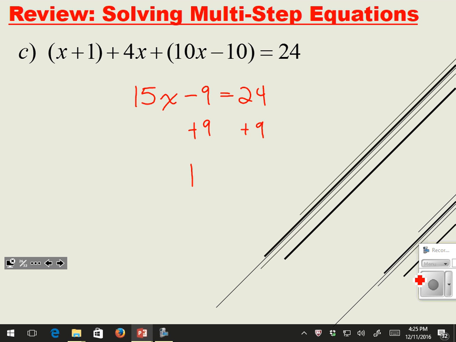And therefore I get 15x is equal to 33. So what do I do next? I divide both sides by 15.